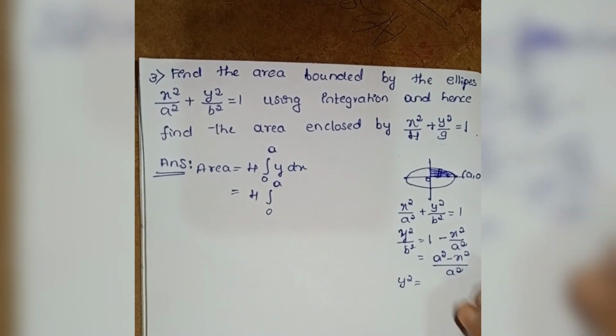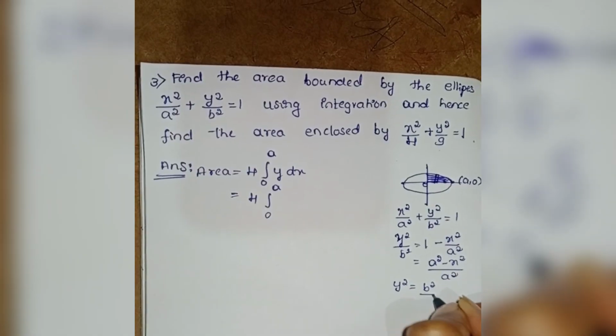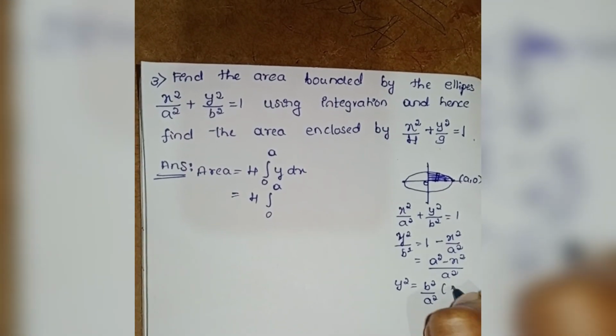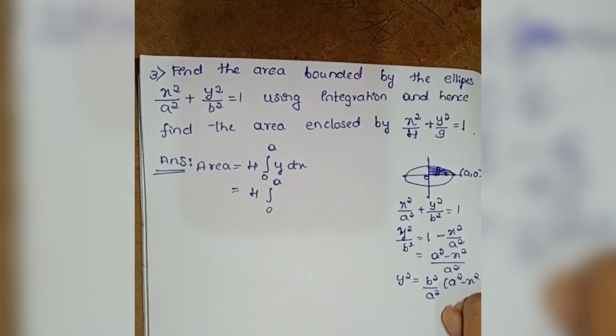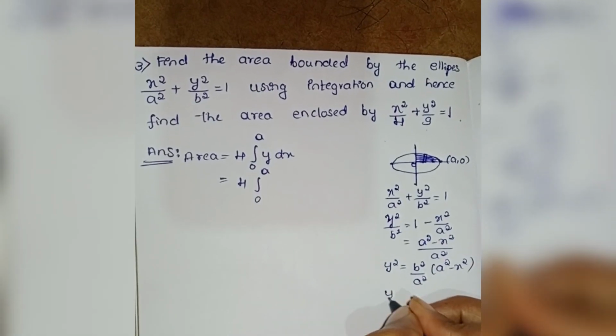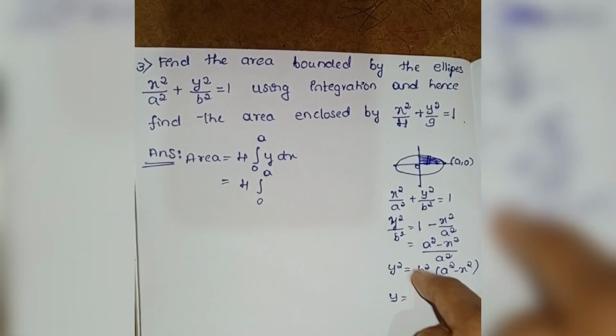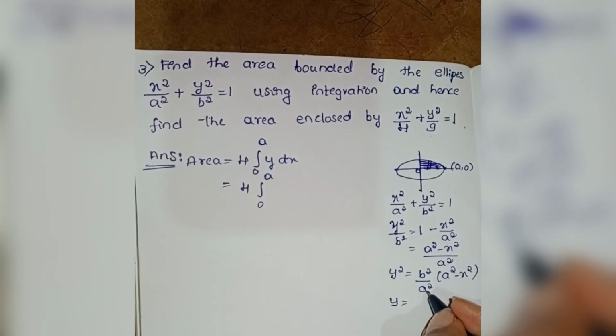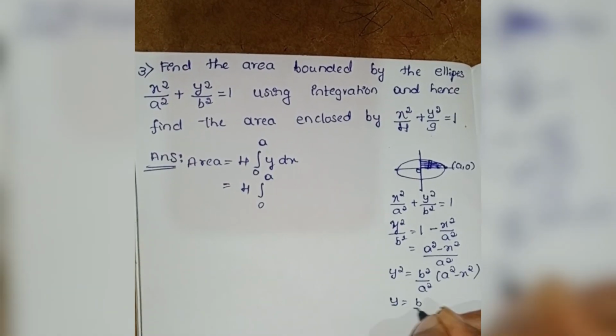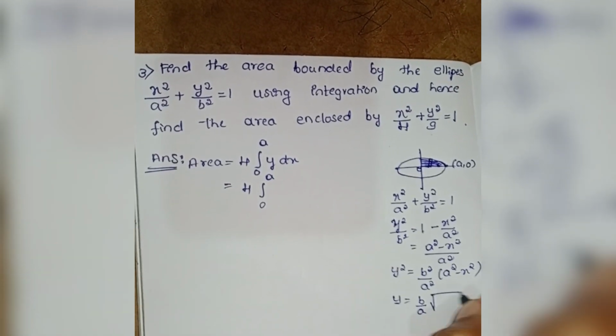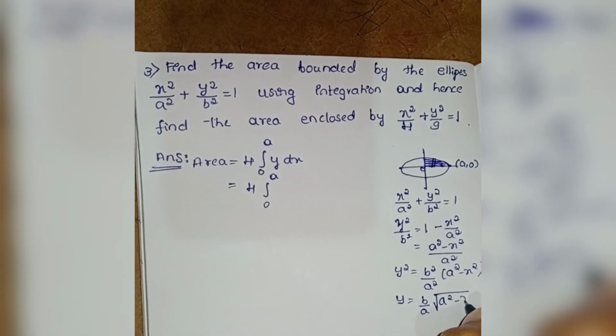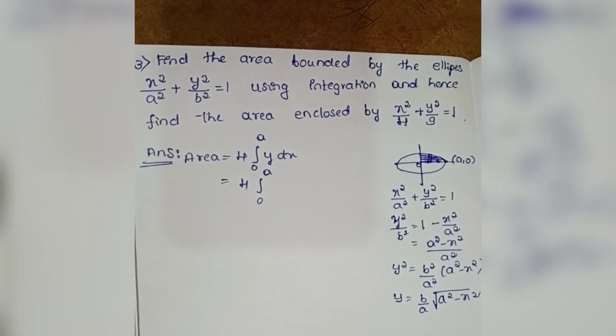Y square is equal to b square divided by a square into a square minus x square. Correct? Y is equal to square root of this term, so b square by a square, square root you take, b by a into square root of a square minus x square. This is a simplification, right?